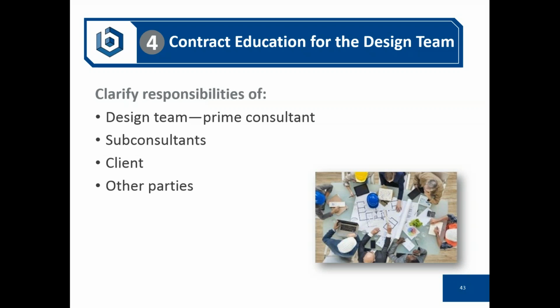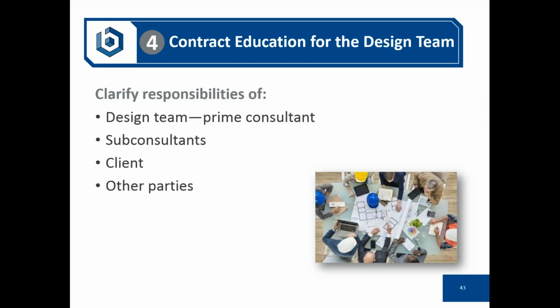The other thing that's very important is that your architectural design team understand the roles of your consultants, as well as what your role is as the prime consultant. So it's too often that young architects go out to the field, they see an issue, maybe a conflict, maybe a coordination issue, and they try to solve the problem themselves without realizing that, hey, I can pick up the phone, call my mechanical engineer and deal with that duct routing issue, pick up the phone, talk to my structural engineer about an issue with aligning columns and beams in a particular detail situation.